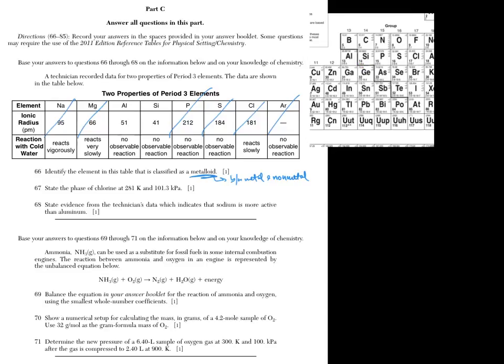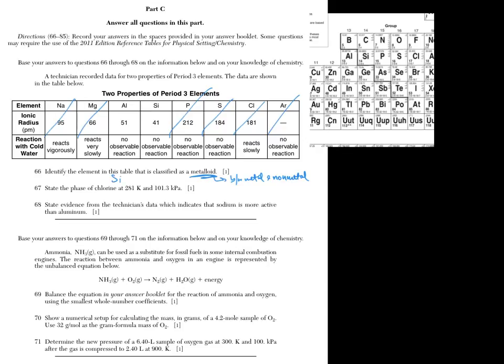So keep in mind that aluminum is most likely a metal, and silicon is strictly a metalloid. And that's our answer for number 66.